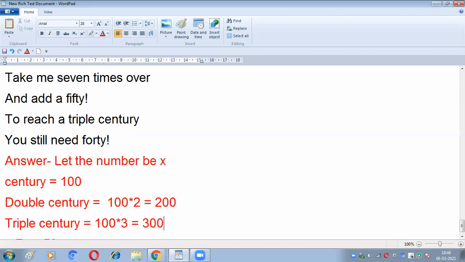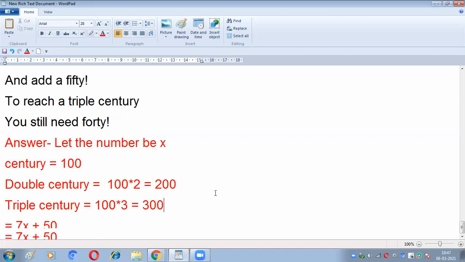Century means 100, double century means 200, triple century means 300. To reach a triple century, that means our result is triple century, you still need 40. That means to reach up to triple century, you have to first add 40 also.